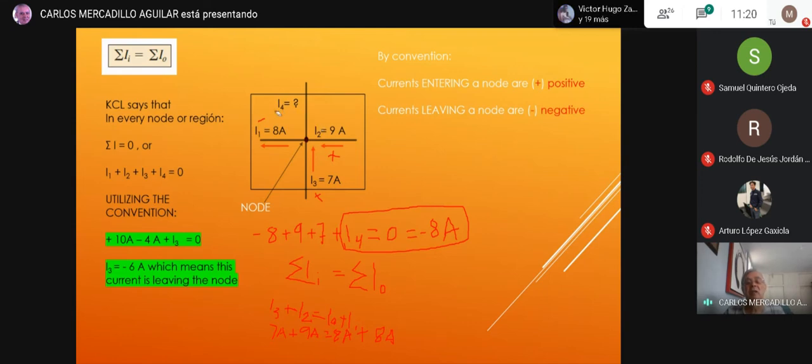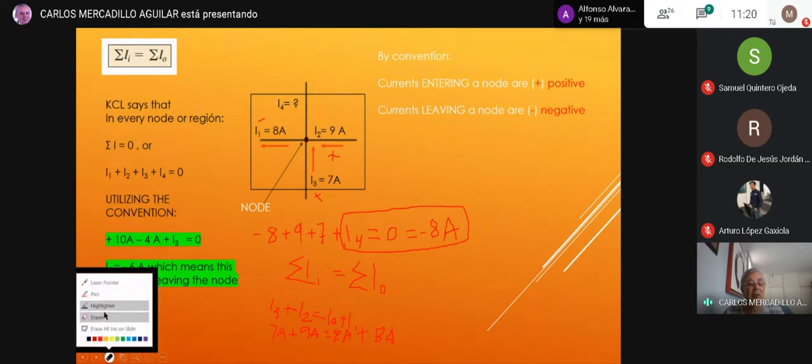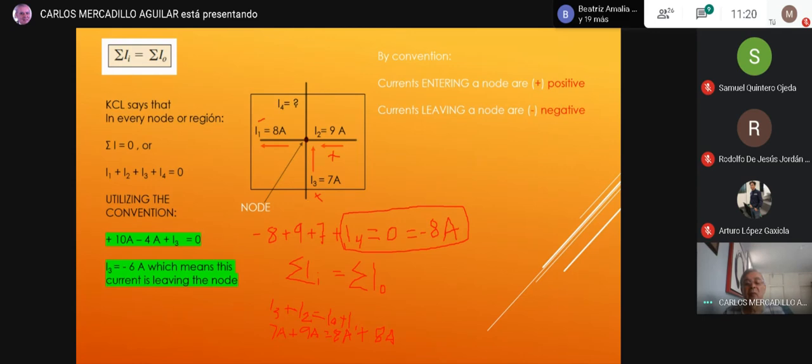We only know that this is an unknown. I2 is positive because it's incoming to the node. And also, I3 is positive because it's coming into the node.